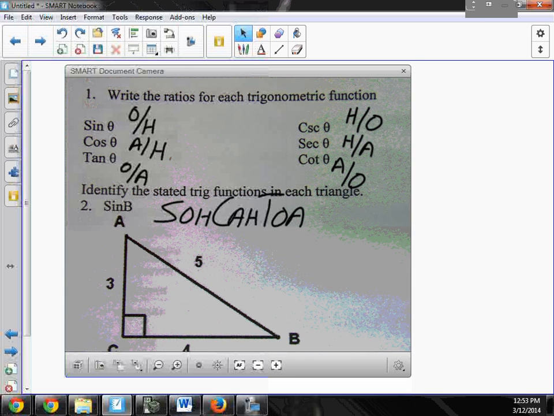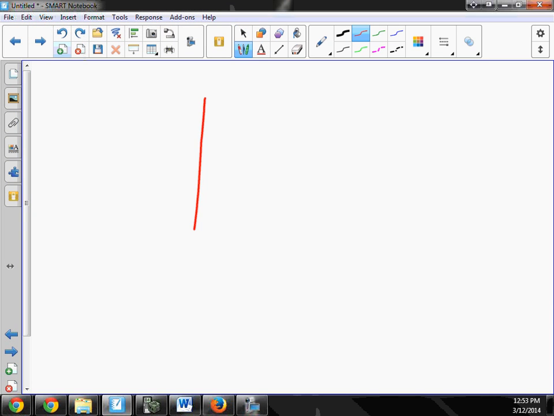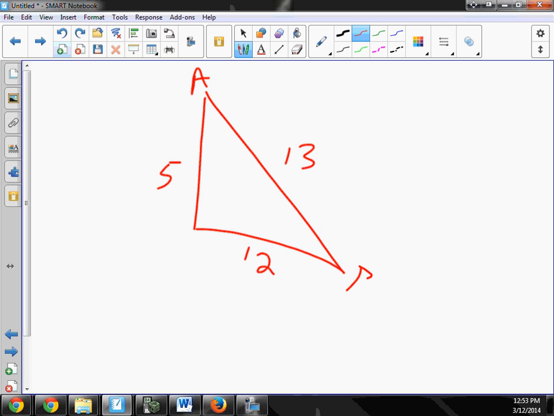Okay, so if I had a right triangle, and it was a 5, 12, 13 triangle, and it is a right triangle, and I asked you, what is the sine of A?